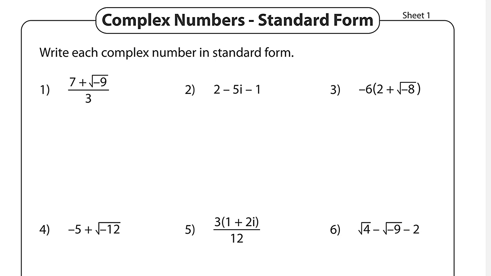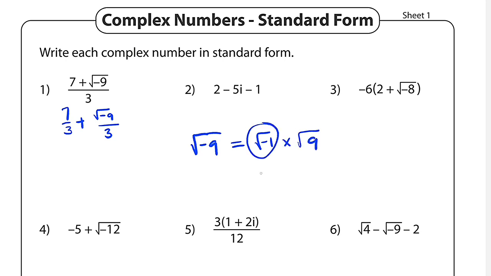First of all, we can split the fractions. We have 7 divided by 30 plus the square root of negative 9 divided by 30, right? But you should know that the square root of negative 9 is the same thing as the square root of negative 1 multiplied by the square root of 9.